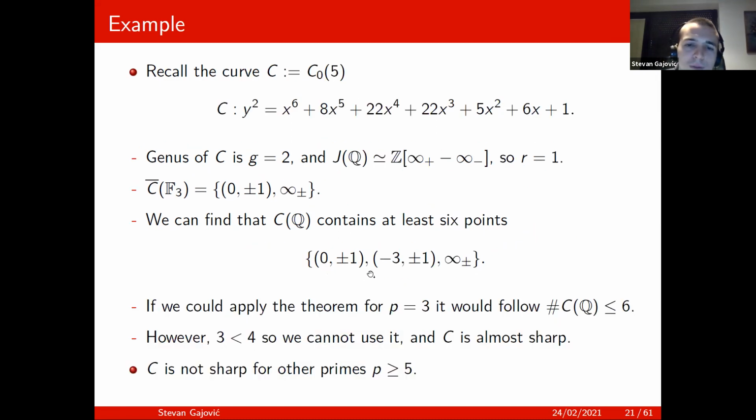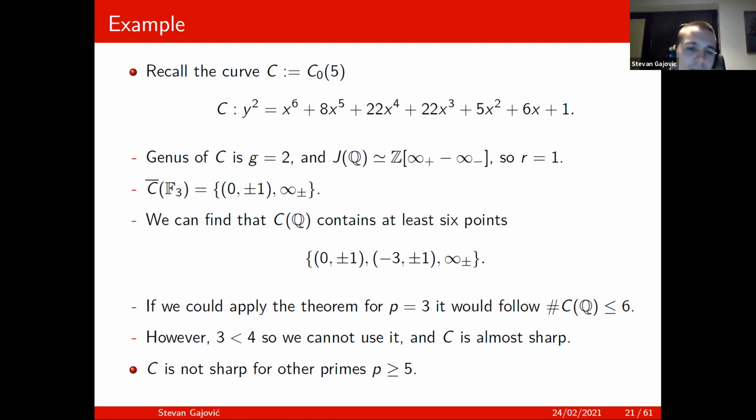So we find 6 rational points, and 4 of them modulo 3. So we would like to use the theorem for p equals 3 to conclude that the number of rational points on C is at most 6. However, that's not possible at the moment, because we need the condition that the prime we use is strictly greater than 2 times the genus, and 3 is less than 4.